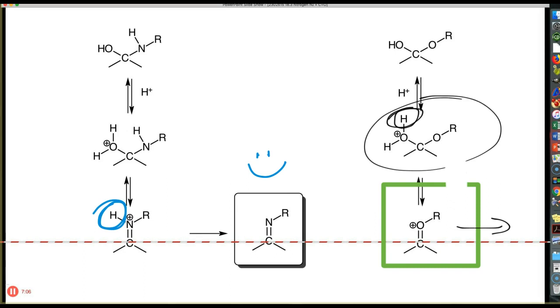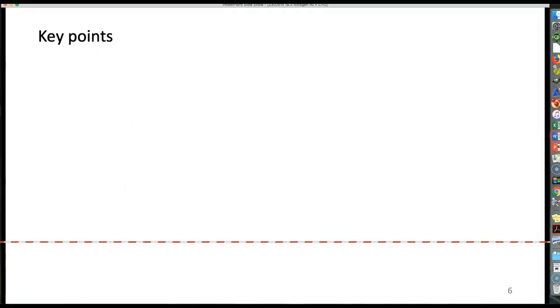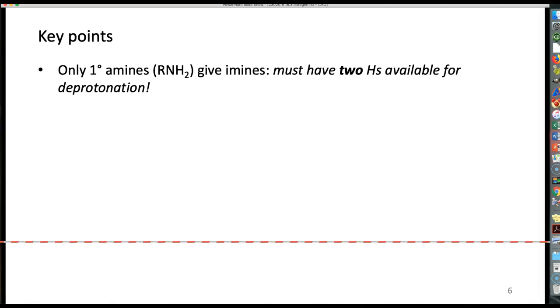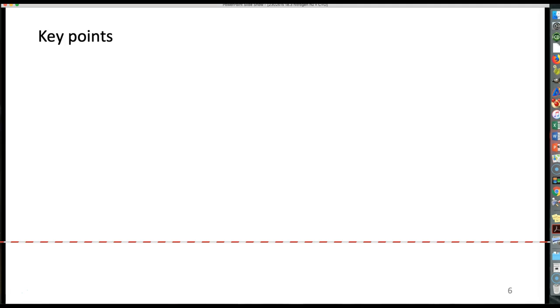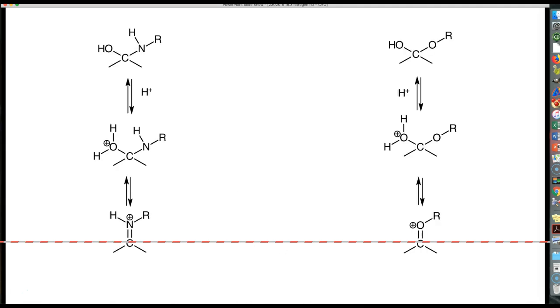So that's the difference. It's partly valence in that nitrogen has that hydrogen that can be removed. But if we look at it in a little bit more detail, it's the primary amines that allow us to get imines, because as we go back, we'll see that we actually did two deprotonations in this mechanism.